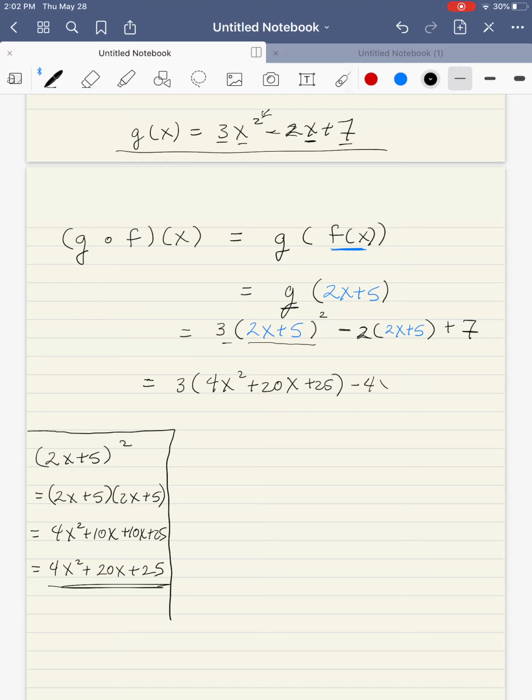And I can go ahead and distribute the 2 here. And now I can distribute the 3. And then adding the negative 10 and the 7. And then combining again.